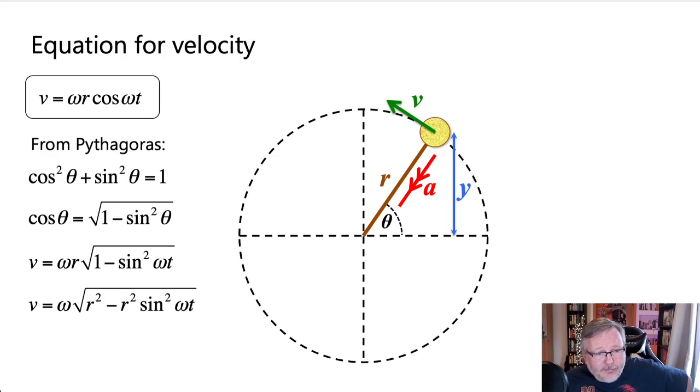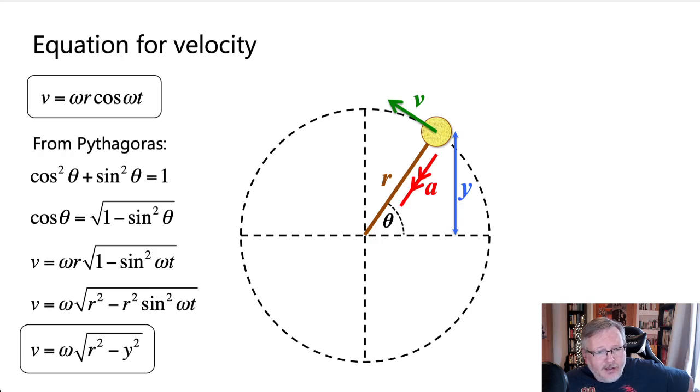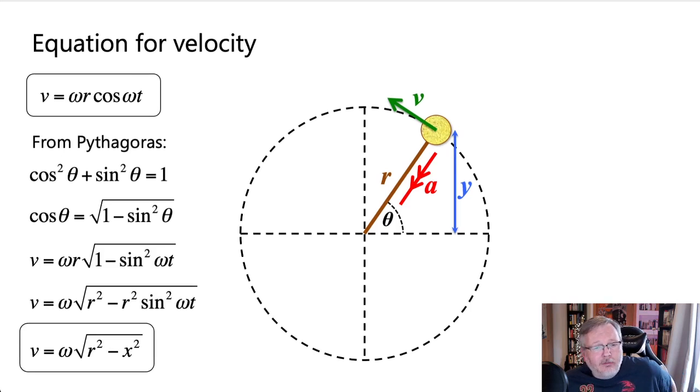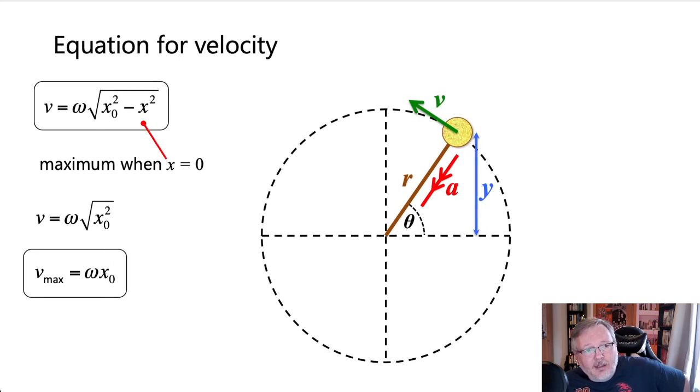So we get v equals omega the square root of r squared minus r squared sine squared omega t, but y equals r sine omega t as we specified, so it's v equals omega square root of r squared minus y squared. But don't forget that r is really the maximum displacement, whereas y is the displacement at any one point in time, so we can replace those two to get v equals omega square root of x naught squared minus x squared.